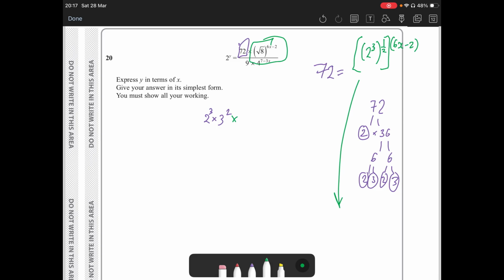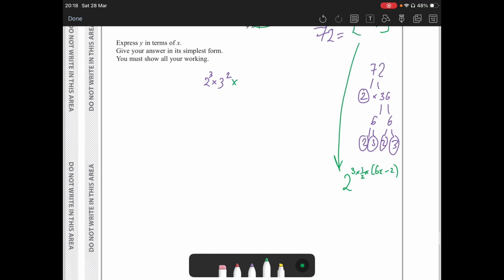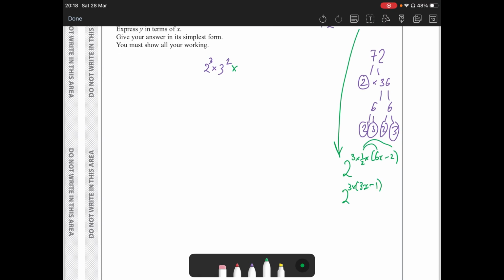If I write this down here, you're doing 2 cubed times a half times this bracket here. Now, the smart way to multiply this out is leave the 3 last and expand the bracket with a half, right? Because half of 6x would be 3x and half of negative 2 was minus 1. So when it comes to multiplying by 3, it'll be 2 to the 9x minus 3.